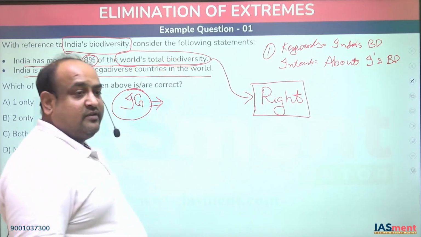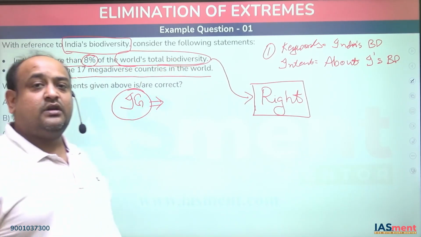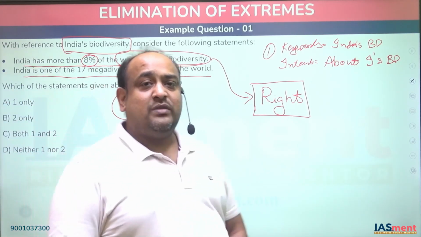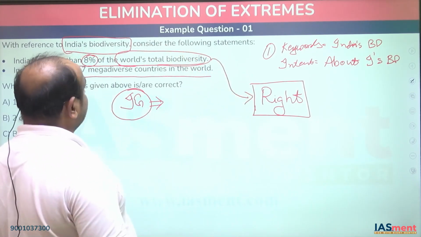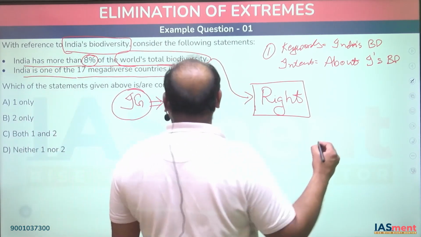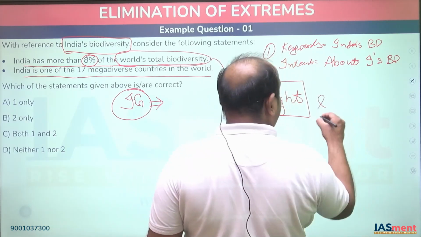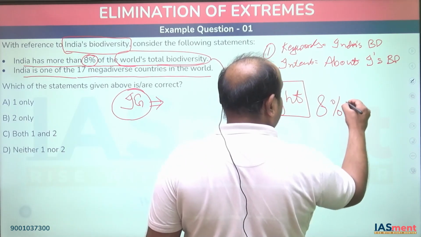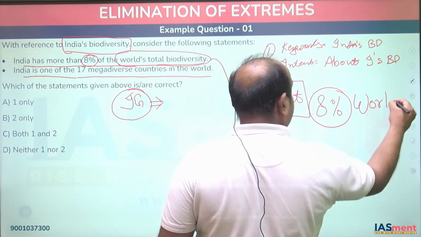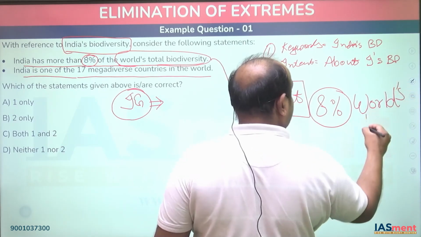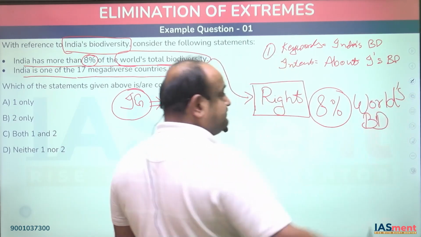Can anyone guess? This option seems right to me. Why? Because it is saying that India has 8% of world's biodiversity.